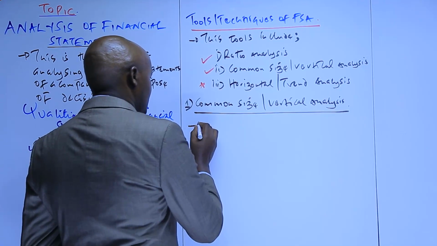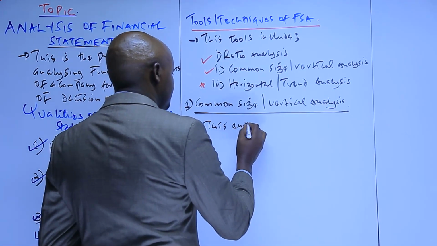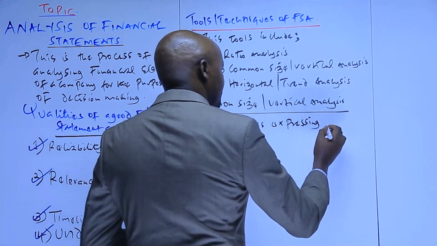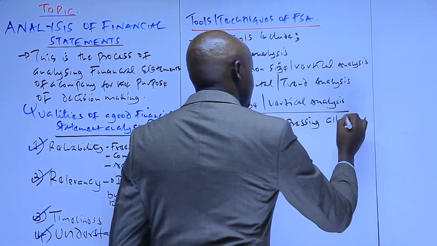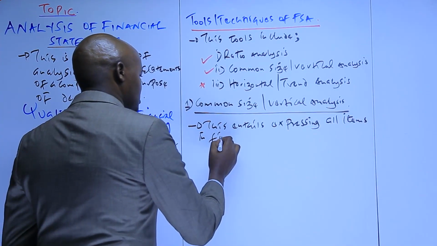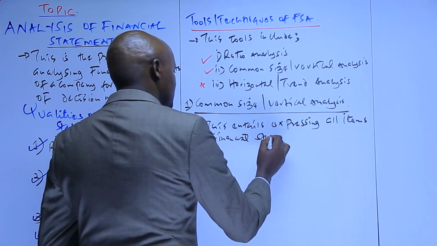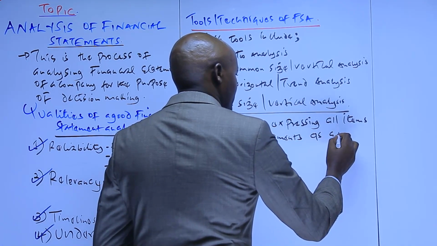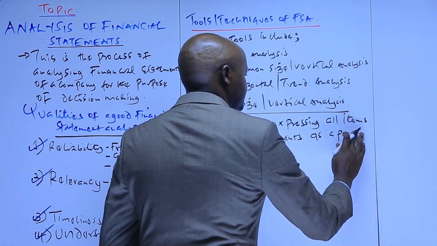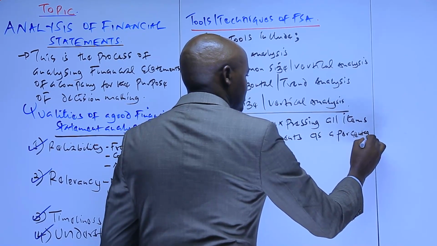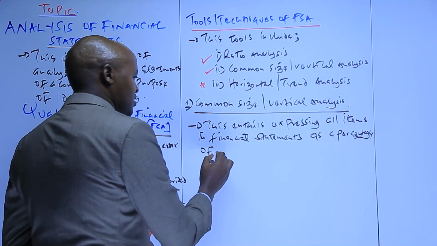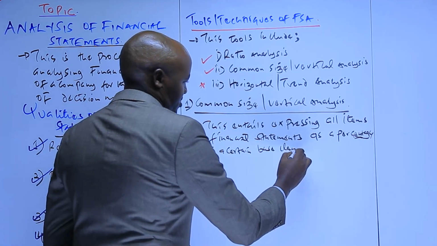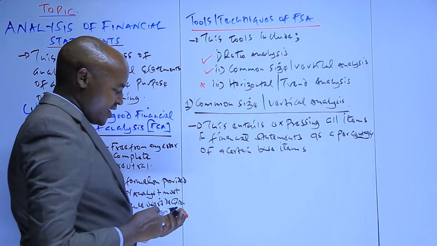So therefore you can say that this entails expressing all items in the financial statement as a percentage of a certain base item.